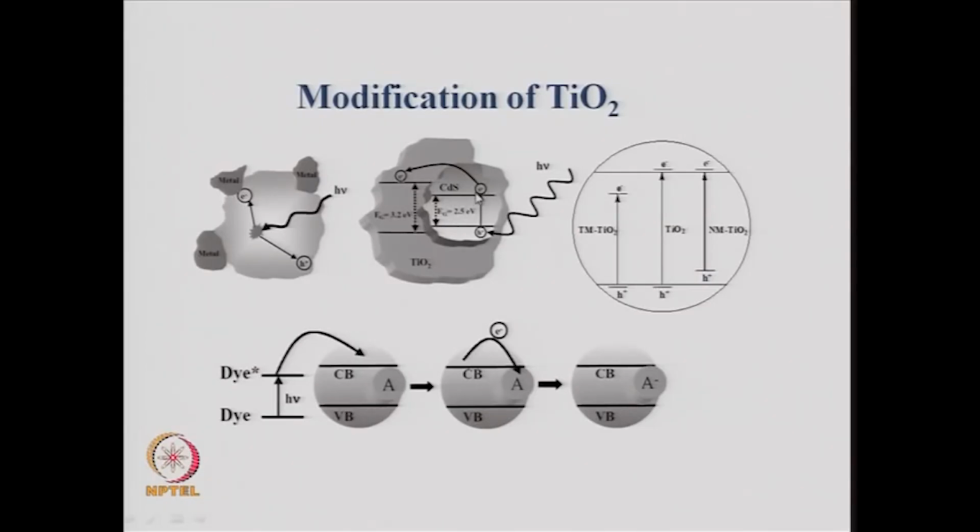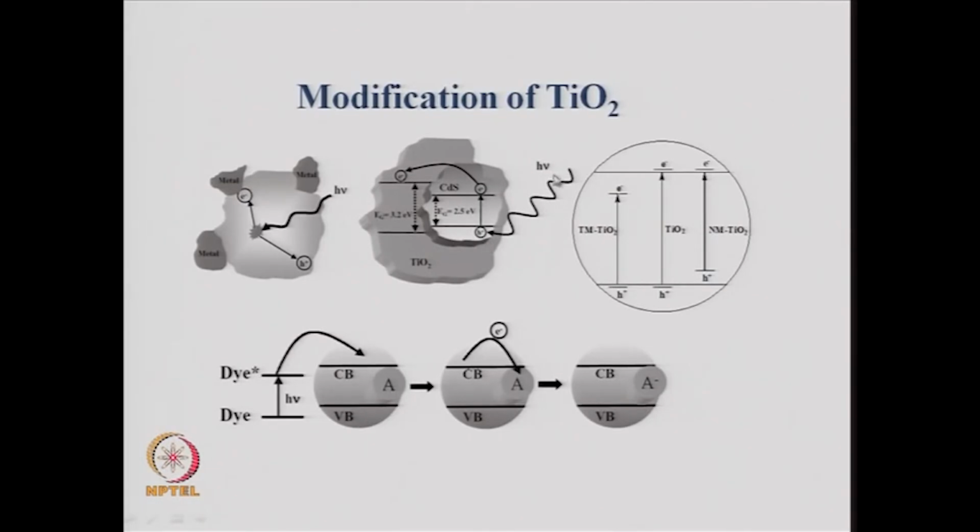Then this electron can migrate to the conduction band of the TiO2, and this hole is generated in the cadmium sulphide.